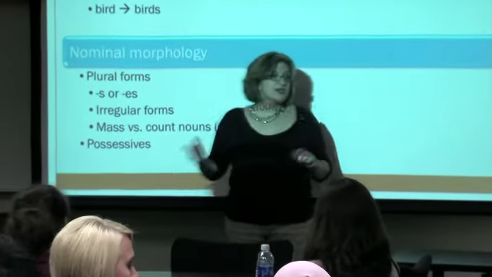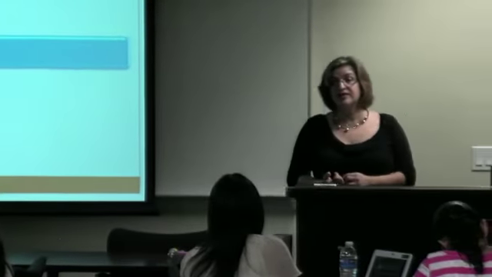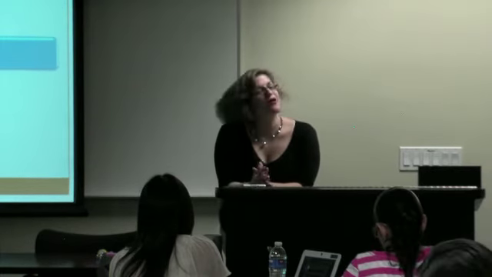For possessives, that also is another thing that children get very confused with when they're learning. How do we indicate that someone has something? So if we say that book belongs to Paula, it's Paula's book.